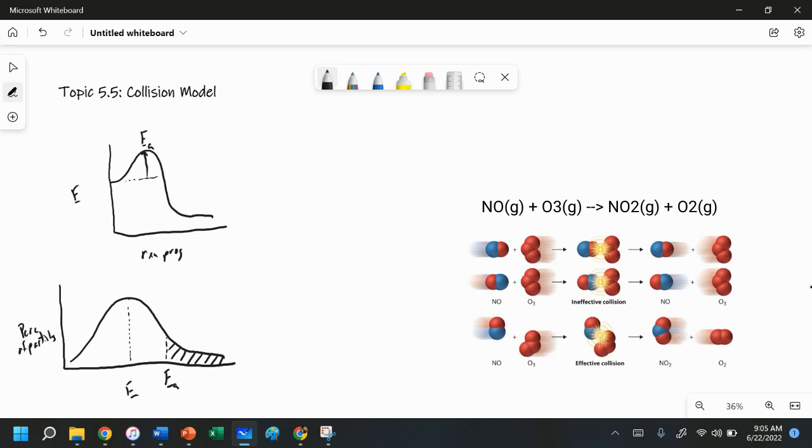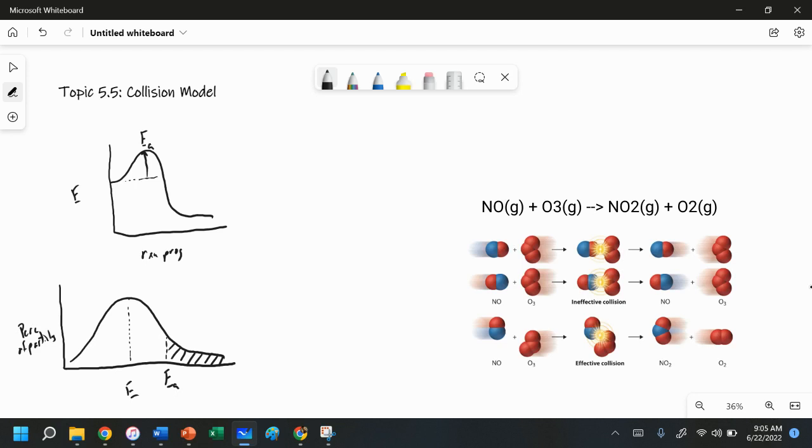So what is an ineffective collision? Well, molecules have to collide with the correct orientation for bonds to break and new bonds to form. So if our nitrogen monoxide molecule collides with the ozone molecule ineffectively, in other words, the orientation is not correct, then they're just going to bounce off each other and we'll still have nitrogen monoxide and ozone.